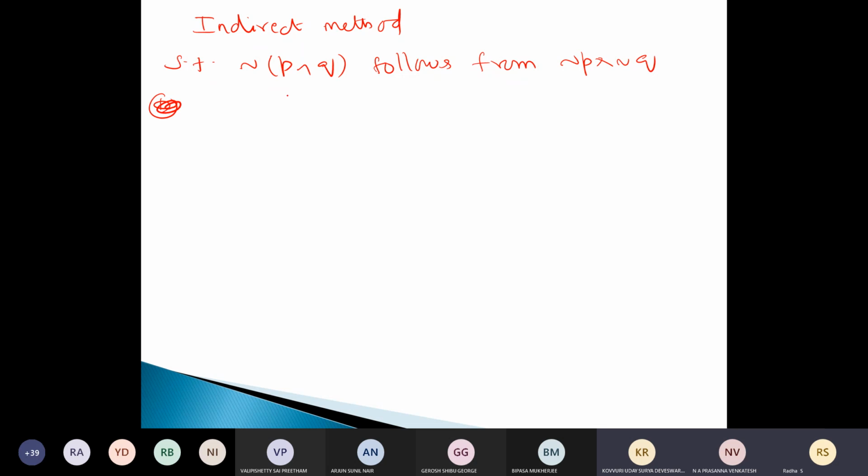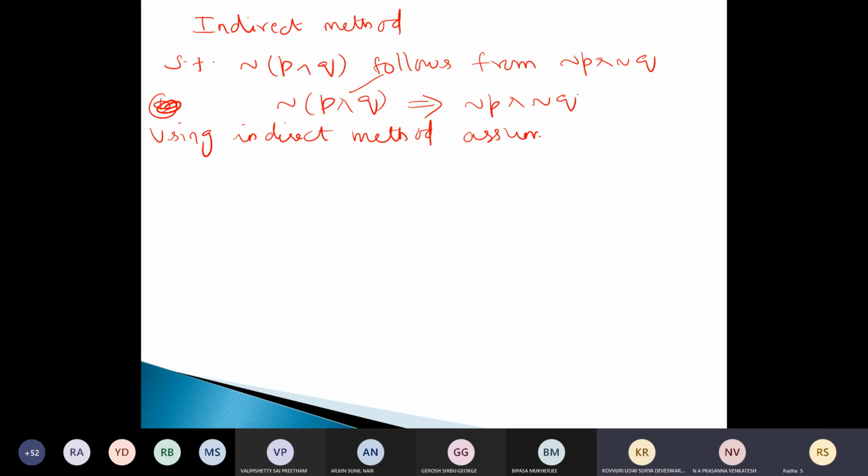So in the indirect method, that is what we have to prove: not of P and Q implies not P and not Q. So using the indirect method, what do we have to prove? In the direct method, you directly use this and prove this. But in the indirect method, what you have to do is assume not of not P and not Q as an additional premise, which is equal to what?